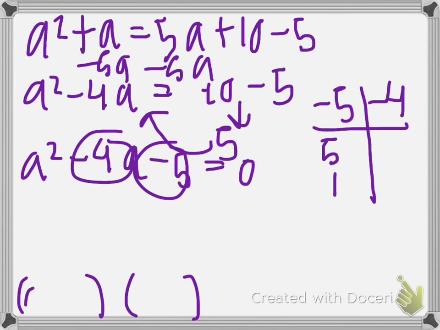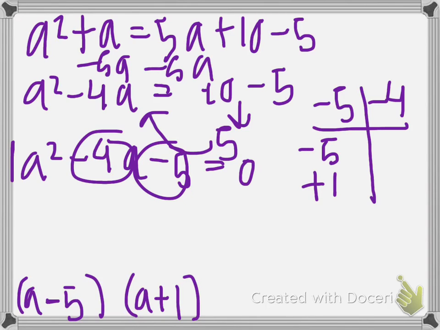So right down here, we know that there's only a leading coefficient of 1 on A, so you know there's already going to be a singular A. But we do know that because 4 is negative, there's going to be a negative and a positive. But now you try to figure out which one is negative. Well, in order for 5 and 1 to equal negative 4, 5 has to be negative and the 1 has to be positive.